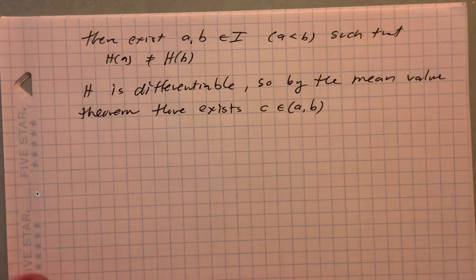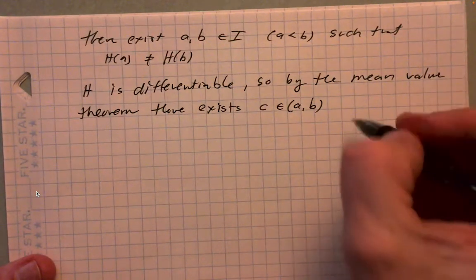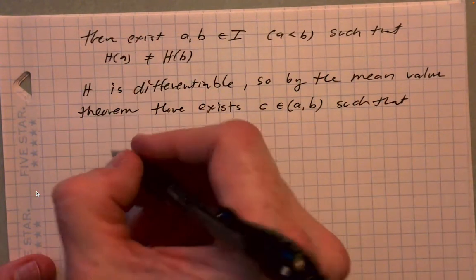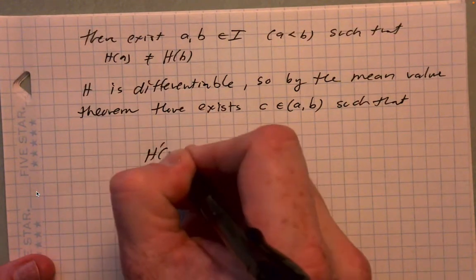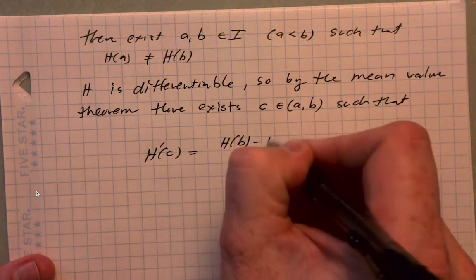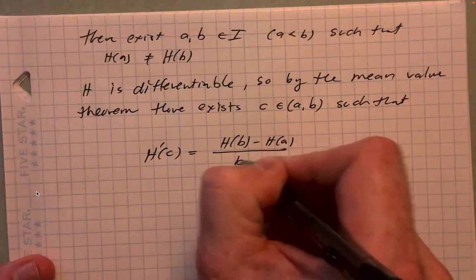So there's going to exist some real number c such that the derivative of h at c is equal to h of b minus h of a over b minus a.